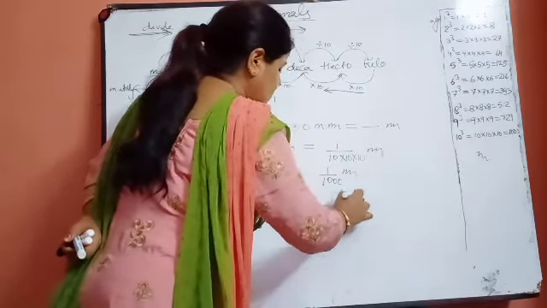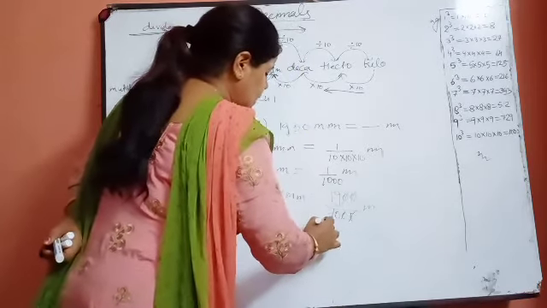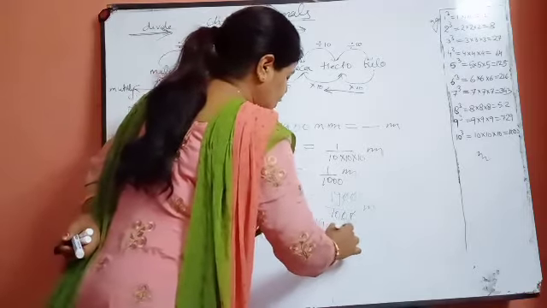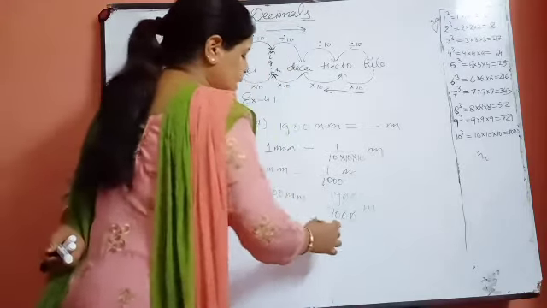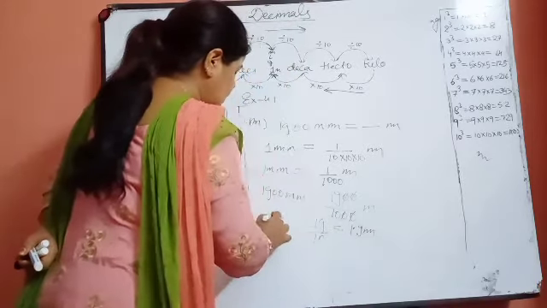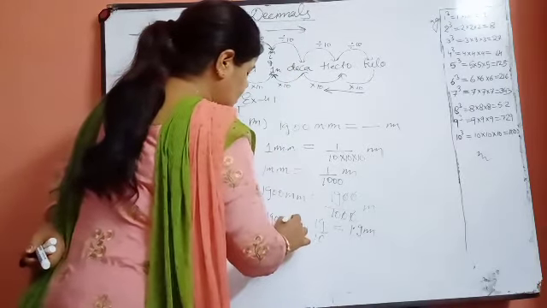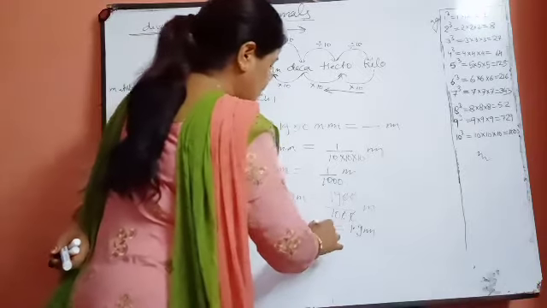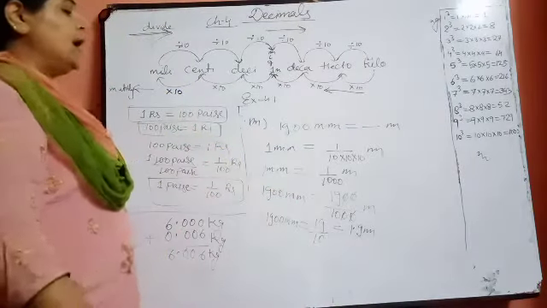Now cancel them: 19 upon 10. Every child should understand up to here: 1.9 meter. So 1900 millimeter is equal to 19 upon 10 is equal to 1.9 meter.